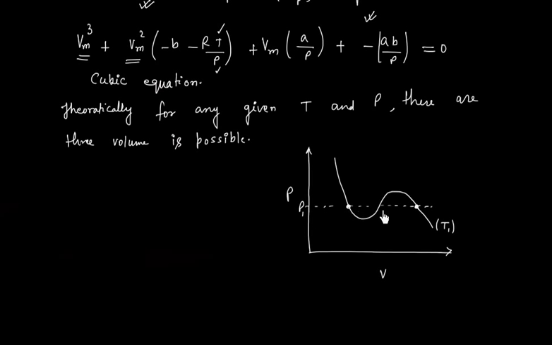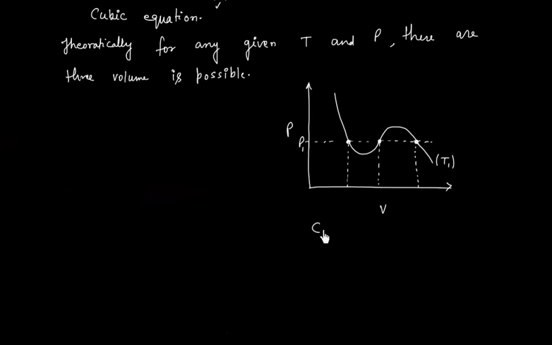So there are three volumes possible. So this is one volume, this is another volume, this is another volume. So this curve basically denotes this cubic equation, that is Vander Waal equation.